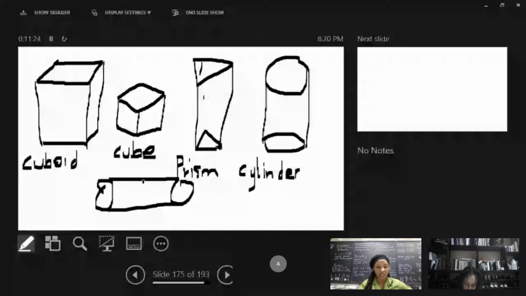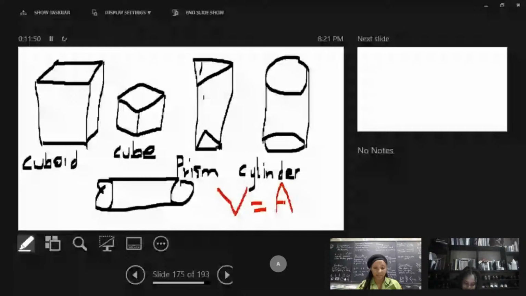So we're looking at volume, right? The idea behind volume, in most cases, is the area of the base times the height. So volume is equal to the area of the base times the height.